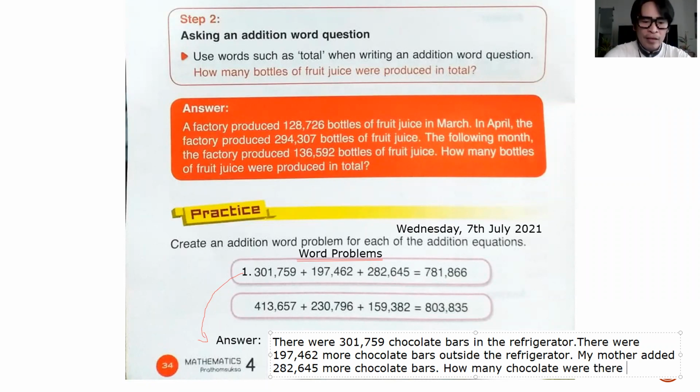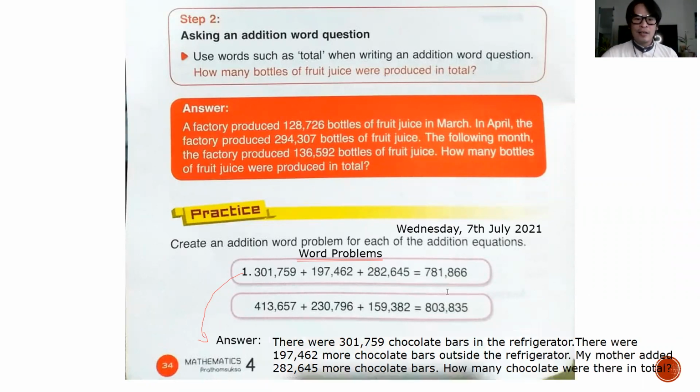Were there in total or altogether. So that is your answer. Do not answer number 2 anymore. And then you have to draw a rectangle here. This is my answer, like this. Can you see my rectangle?